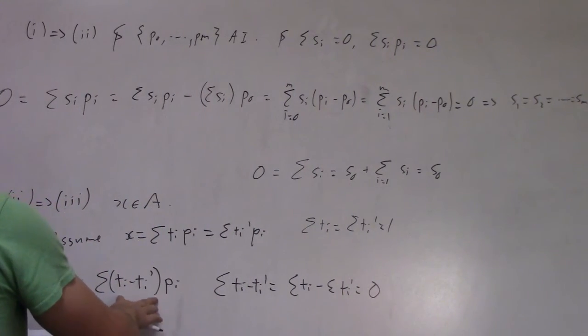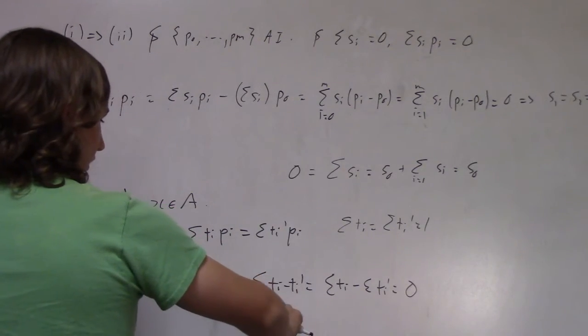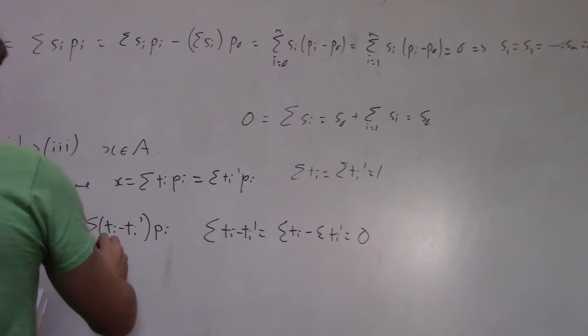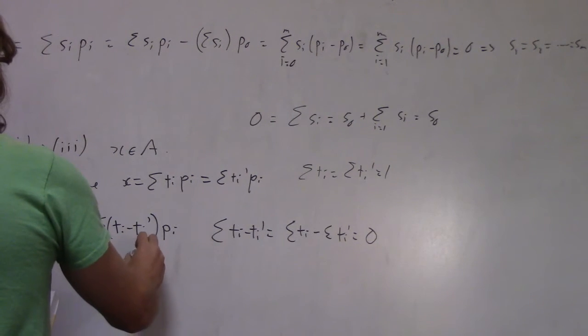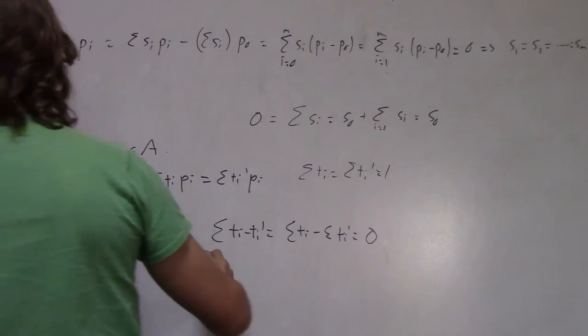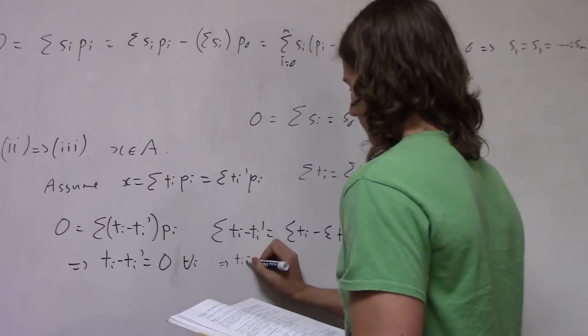So therefore you have this linear combination of Pi's with the sum of them being equal to 0. By 2, that implies that ti minus ti prime equals 0 for all i, and therefore each of these coefficients has to be the same.